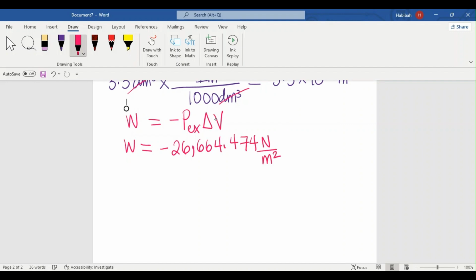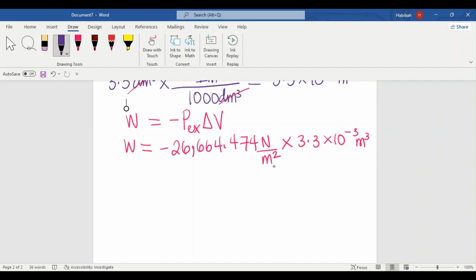Again, pressure is basically force divided by area. So the unit for force is Newton, the unit for area is meter squared. We're using the SI unit here in order for us to be able to properly solve for joules. Okay, times change in volume. We just did that. That would be 3.3 times 10 raised to the power of negative 3 meter cubed.